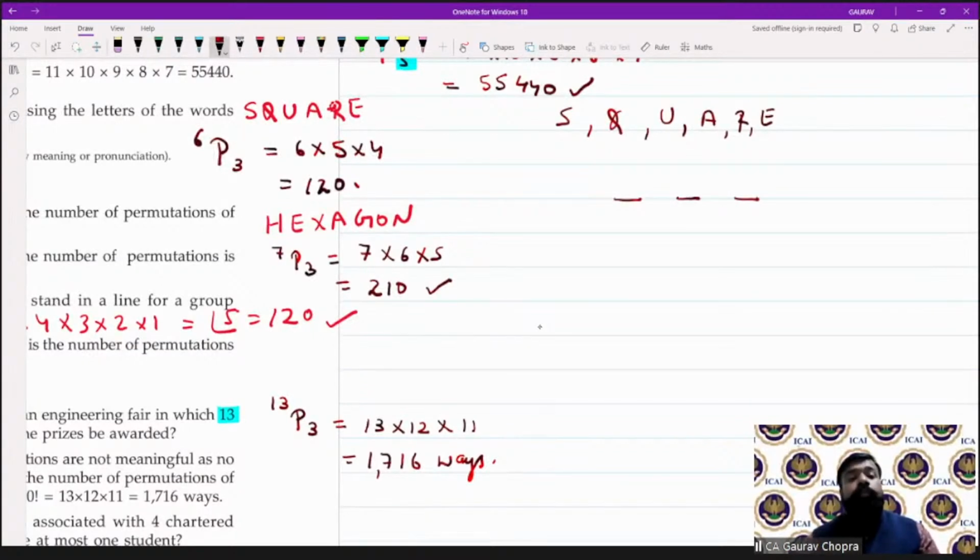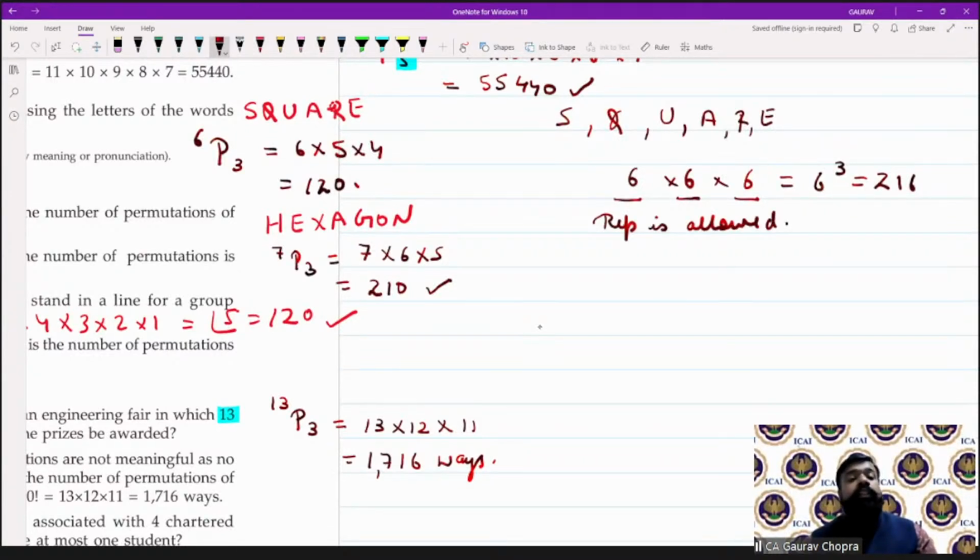In the first place, how many alphabets are available? Six are available. In the second position also all six are available, and in the third also all six are available. So we can multiply them. The answer will be 6 to the power of 3, or 216. But this will happen only when repetition is allowed.